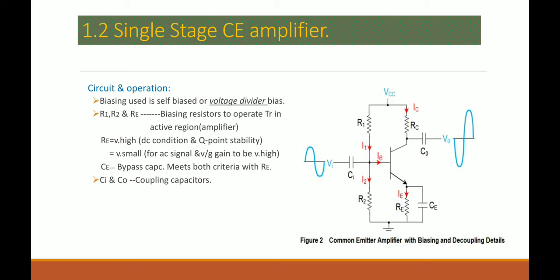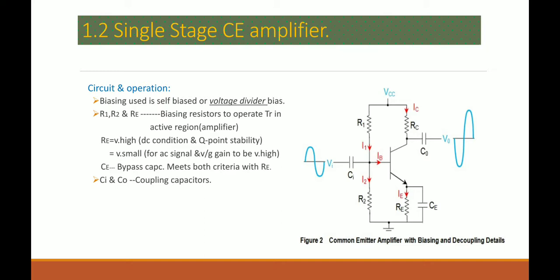and moreover R1, R2, RE, these three resistors are acting as the biasing resistors in order to make the transistor operate in the amplification mode. RE, what is the requirement of RE?